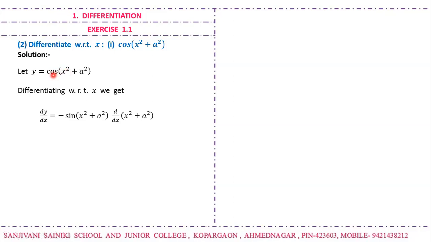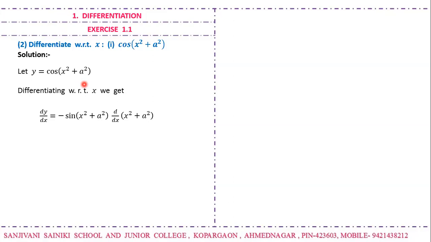Its derivative is minus sin. So minus sin f of x into d by dx of f of x. So d by dx of x square plus a square, because we are treating this function as cos of f of x, since we have already studied and noted this formula in the first lecture.